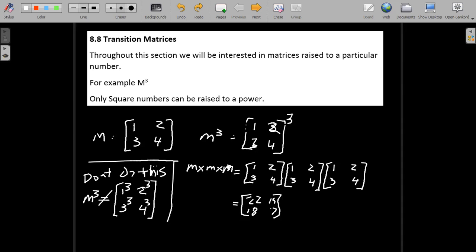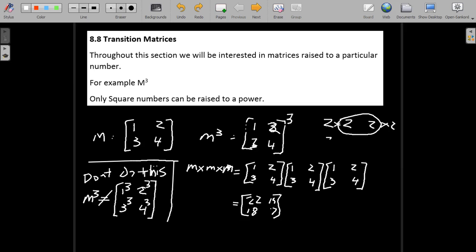And the last thing to note is we can only use square matrices. Basically because when you multiply it out, we've got a 2 by 2 and a 2 by 2. And if you remember back from a couple of videos before, these two middle numbers have to be the same.